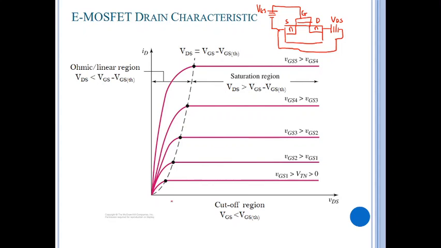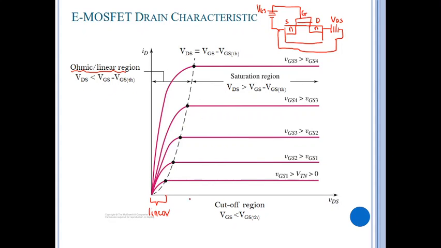So you see here, at low VGS, the drain current will increase linearly. This is a linear region, where the drain current increases linearly as VDS increases.